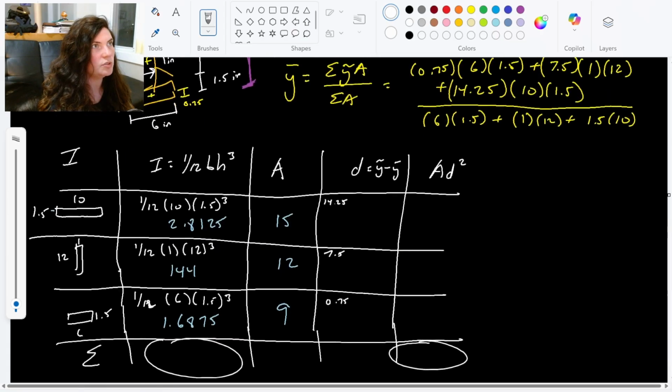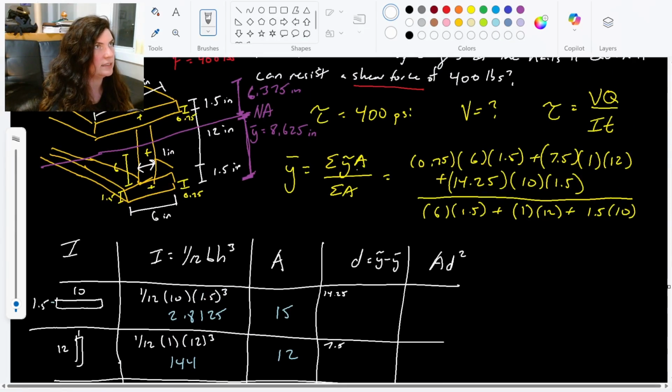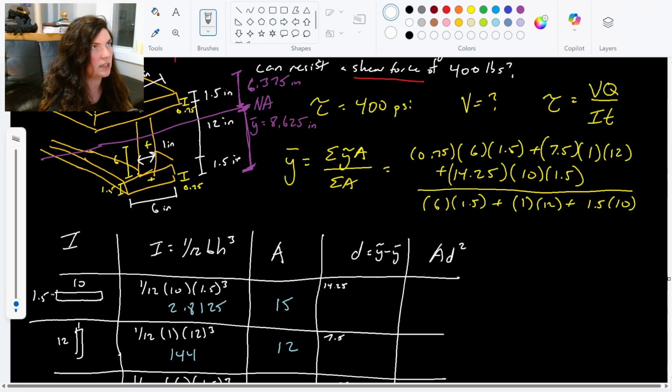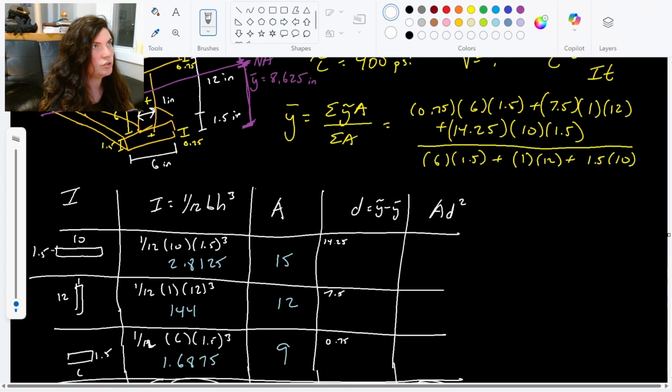And I want to subtract from the main centroid, so distance from the centroid, the neutral axis, to each of those. So 14.25 minus 8.625, 7.5 minus 8.625.